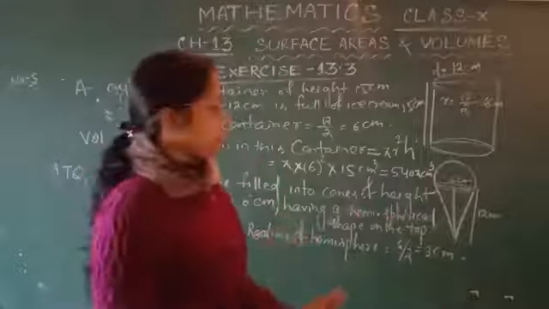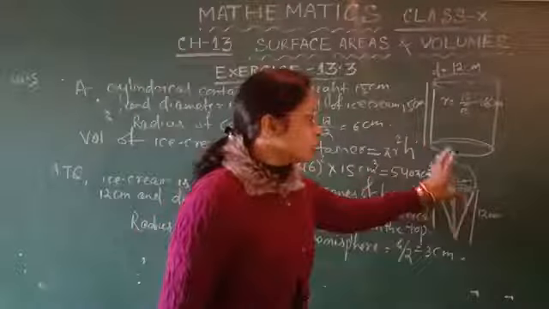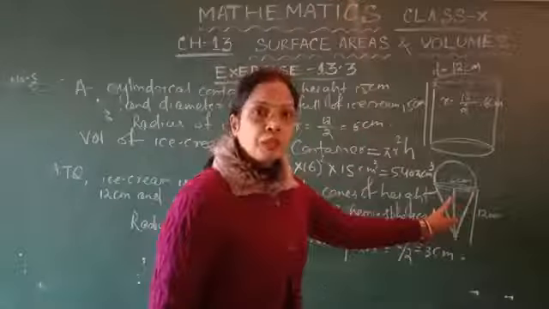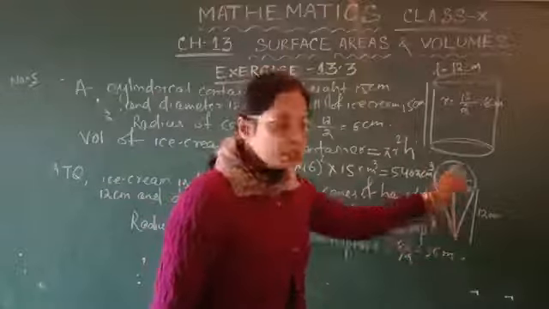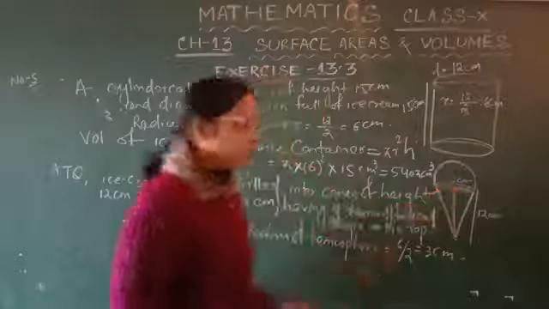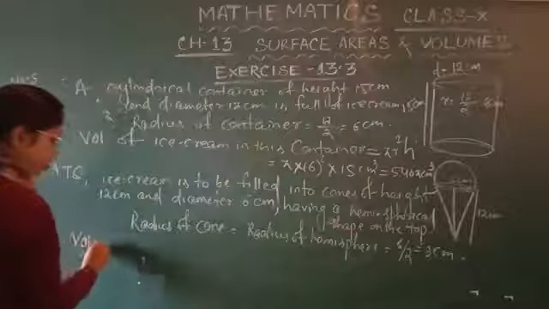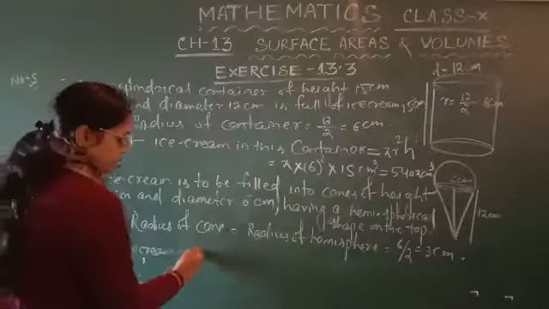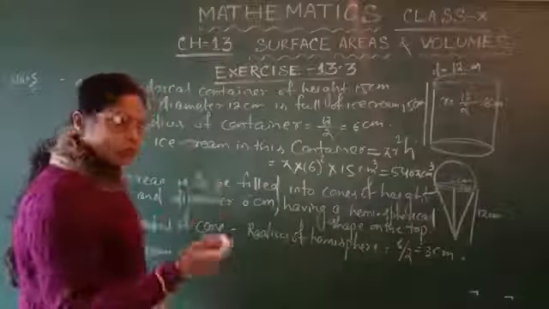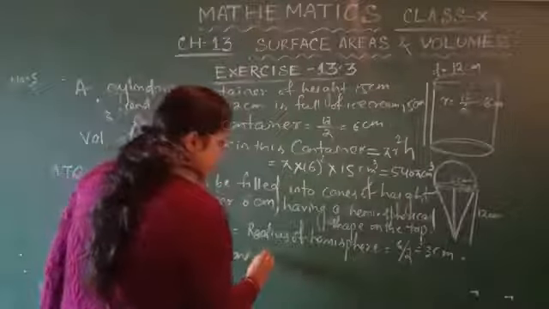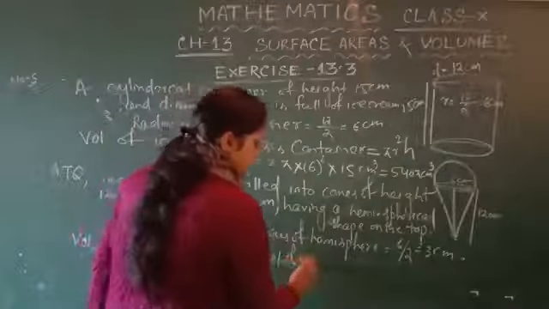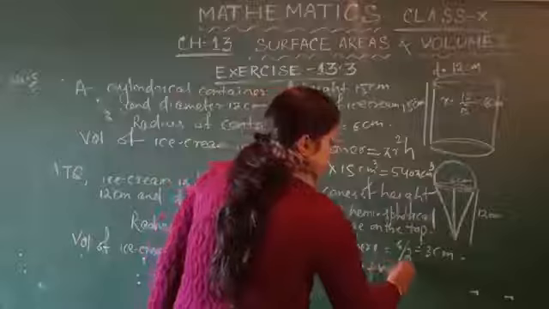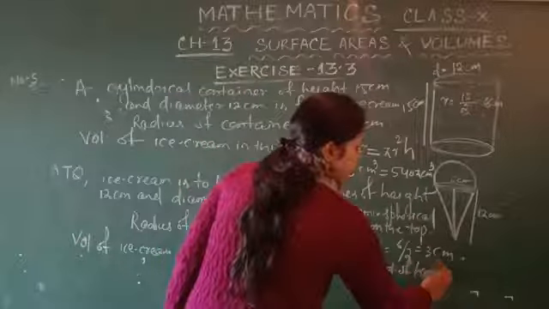Now we find the volume of ice cream in each cone, that is the volume of a conical shape plus the volume of a hemispherical shape.